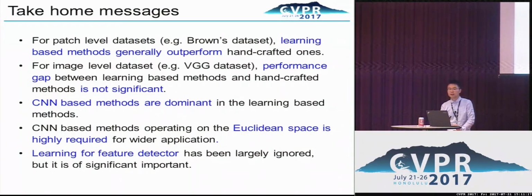However, this is not the case for the image dataset, where the performance gap between the learning-based method and the handcraft method is not so significant. There may be two reasons. One is that matching image-level datasets not only involves a local descriptor, it also requires a good detector.